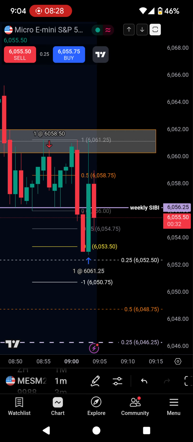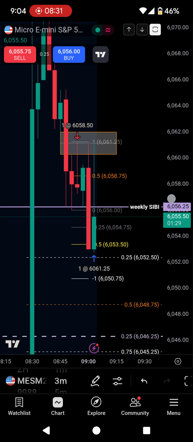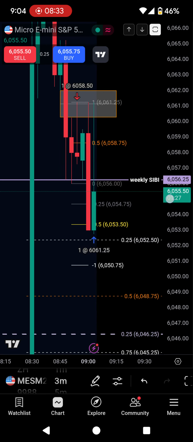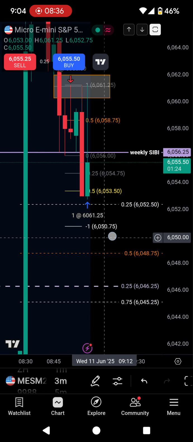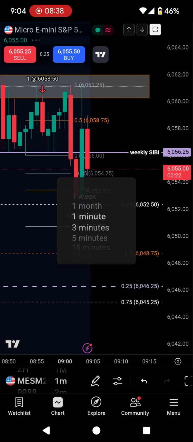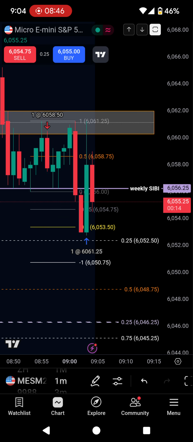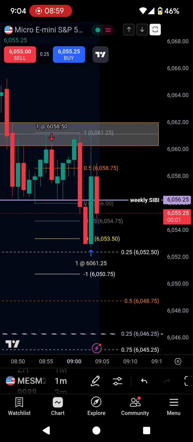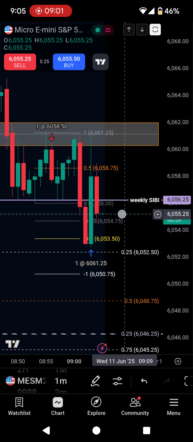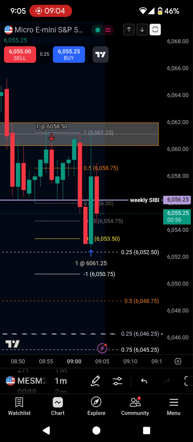Once again it pops up to the CE of this 3-minute CB, guys. 3 times already, so I really want to see it reject and shoot down to the -1 level. Okay, we closed below this CB, so now it's become a reclaimed CB.